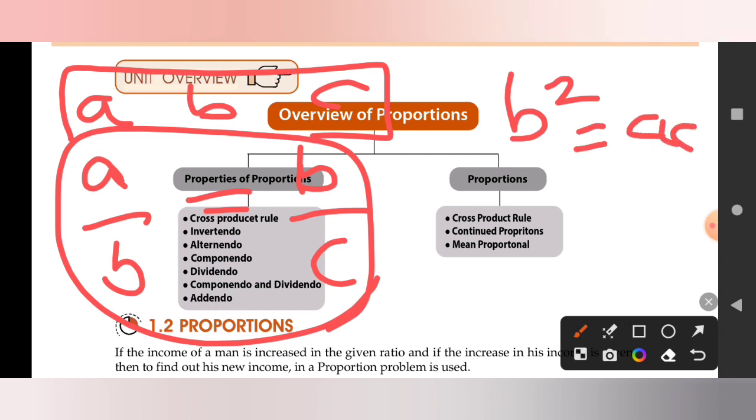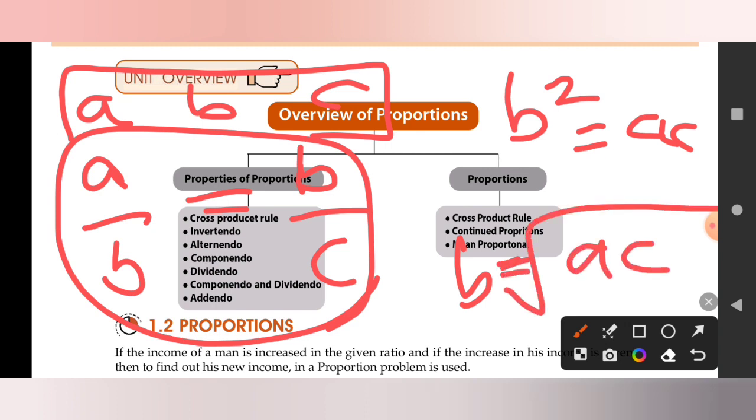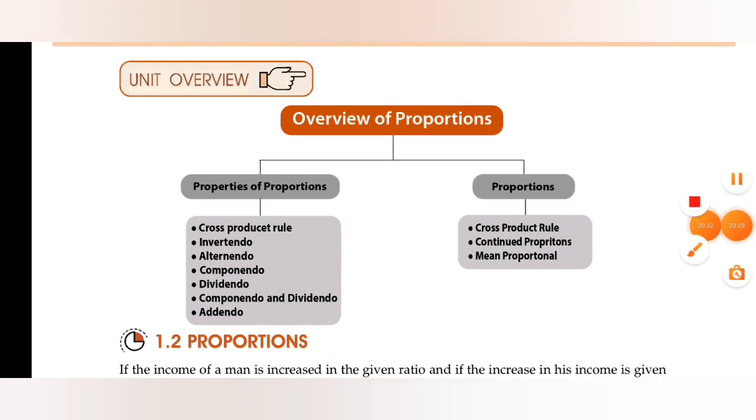So B is equal to root AC. If you understand this properly, it means these three quantities are in continuous proportion. We will read it in detail in the text and then I will explain it again. You can understand at that point of time and everything will be clear.